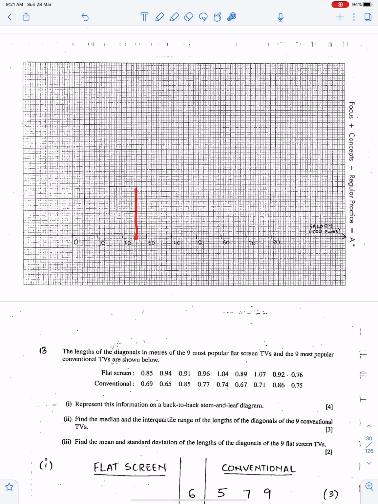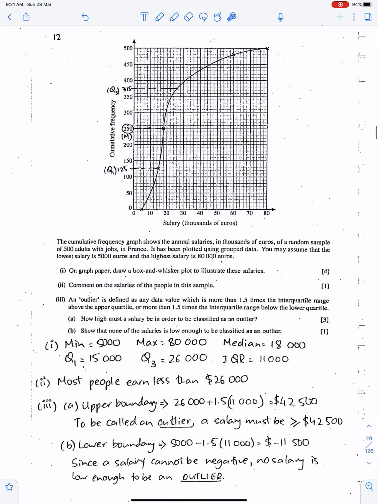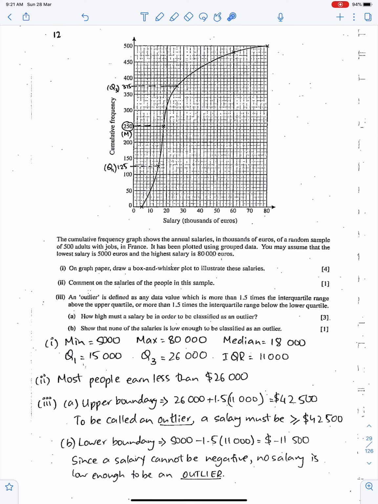This is Q3, 26,000. So the bulk of the distribution is here. So most people earn less than 26,000, or very few people earn higher salaries. You can say it in this way as well. Comment on the salaries: most people earn less than 26,000, or you can say very few people earn high salaries.